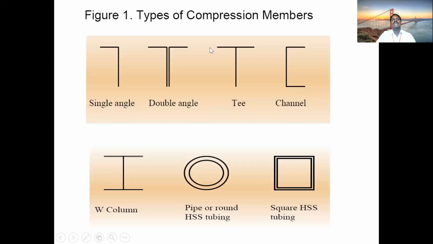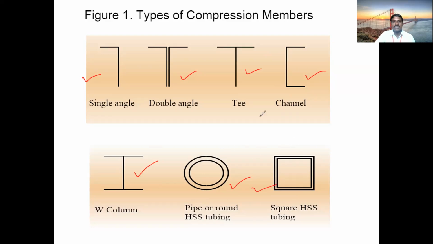See, these are the various types of compression member, or various forms or shapes we can use. What is this? Single angle. What is this? Double angle. So we can use T also, we can use channel also, I section also, circular pipe or round tube also, and we can use a square tube also as a column.